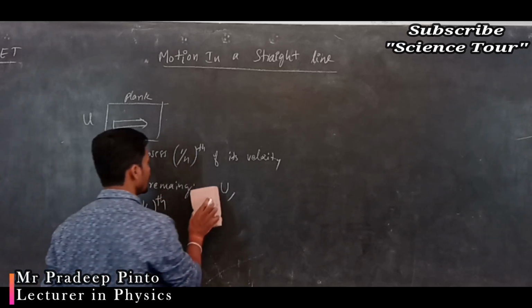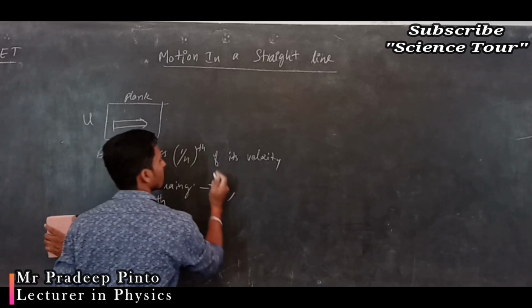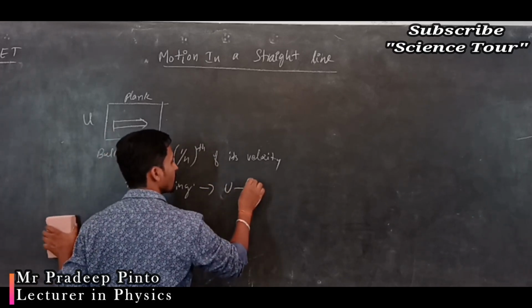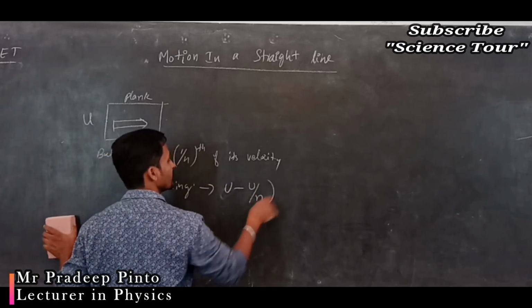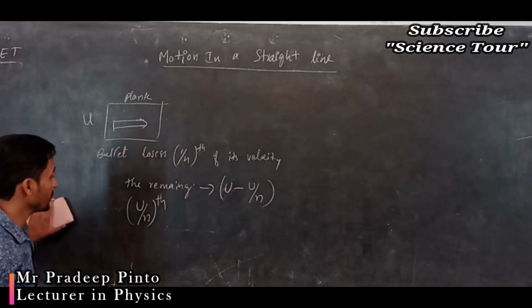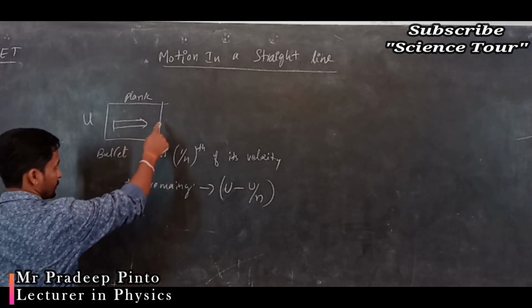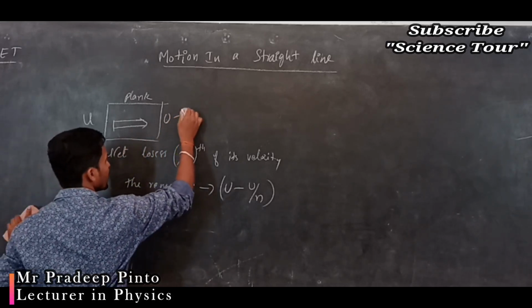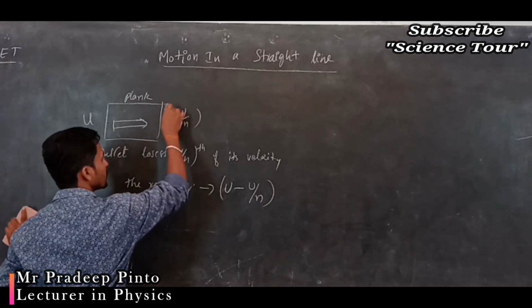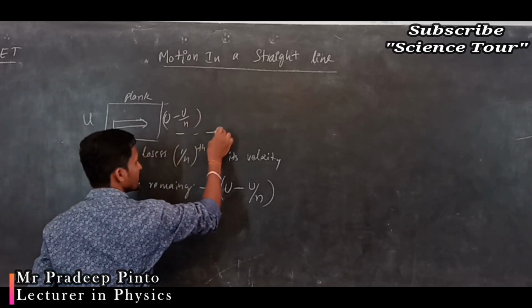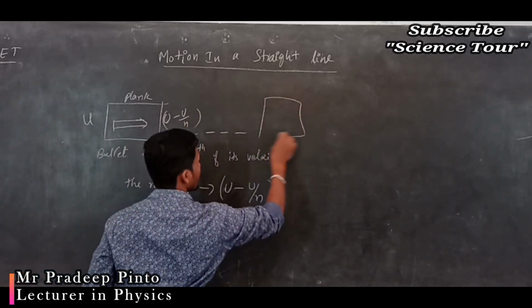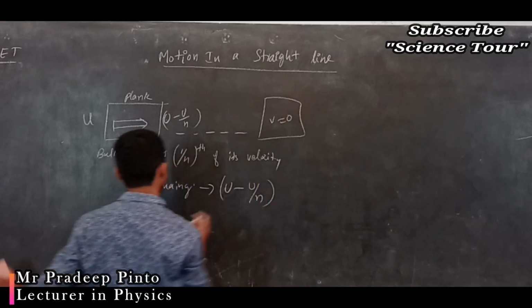Now the remaining velocity is u minus u by n. That is the remaining velocity after one plank. It will travel, and the final velocity becomes 0.